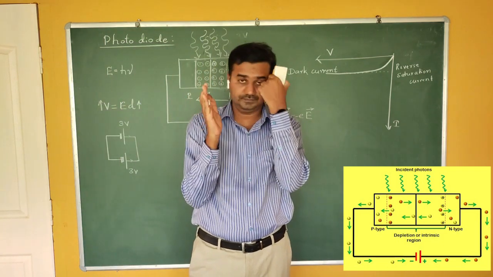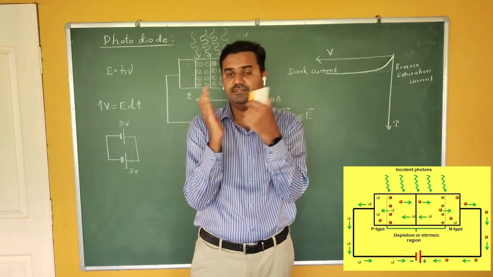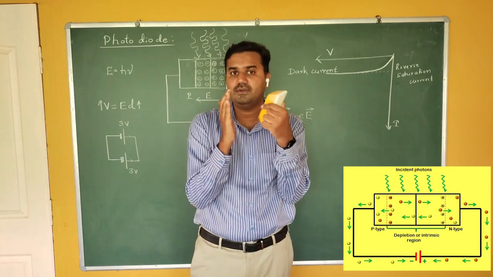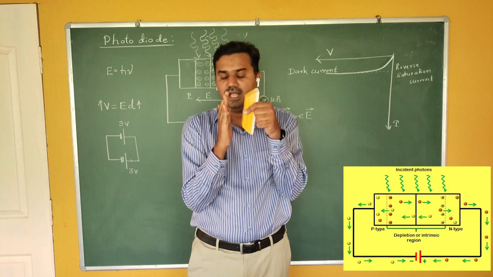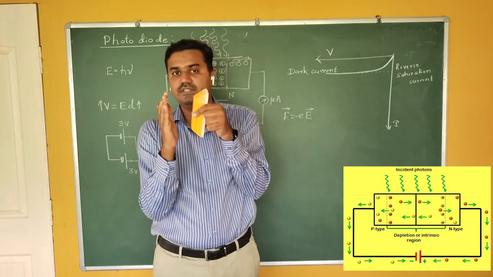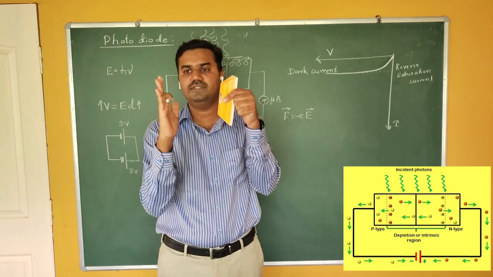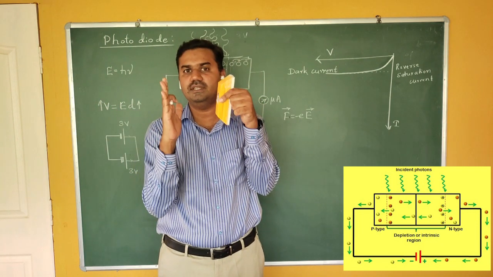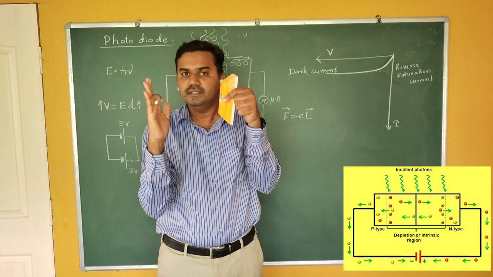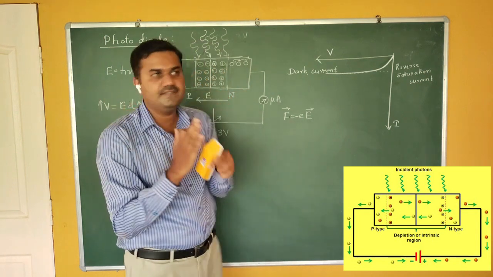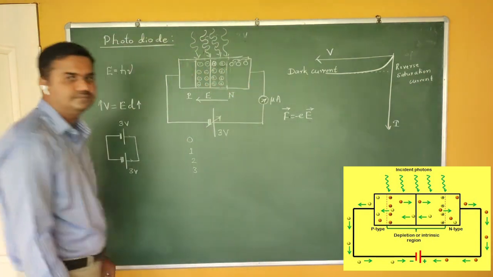They have some positive, they have some negative, that axis of holes, that axis of electrons. Are you getting me? As the electrons and holes are created, they are moving out from the depletion region, therefore the width of the region is now becoming thin. They are decreasing.